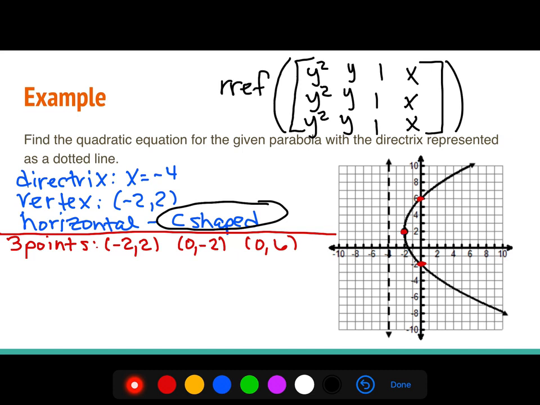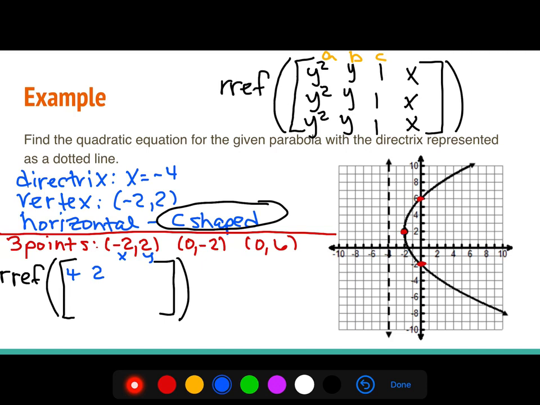Since he's C-shaped, I'm going to put y squareds in the first column, y's, then 1s, and then x's from the points. So I'm swapping it. It's kind of like inverse. I'm inverting it. I still want to find A, B, and C. But I'm going to do it a little different with the RREF this time.